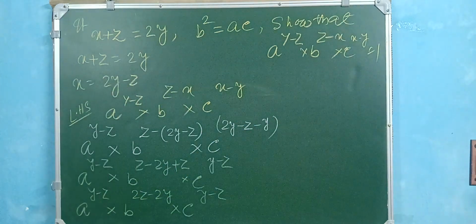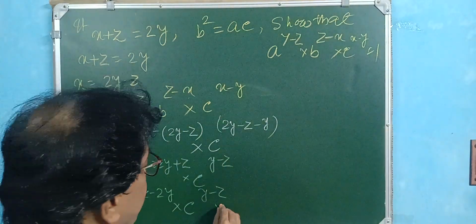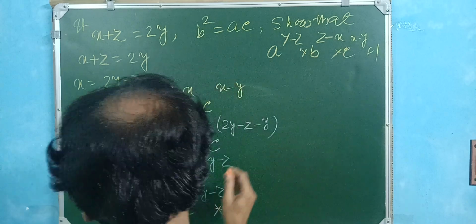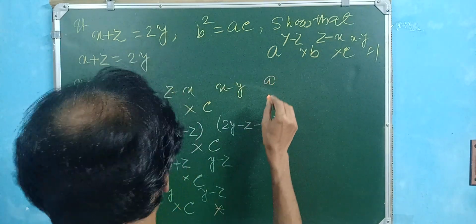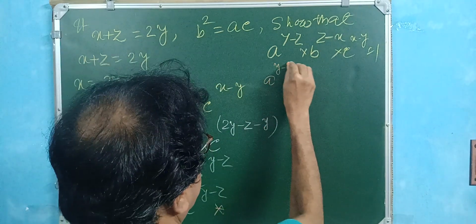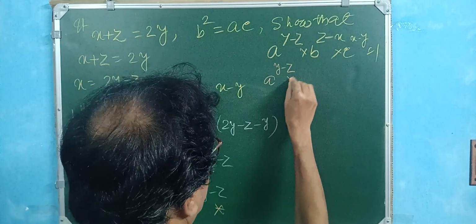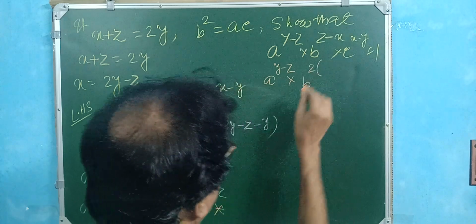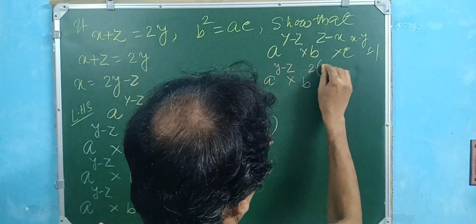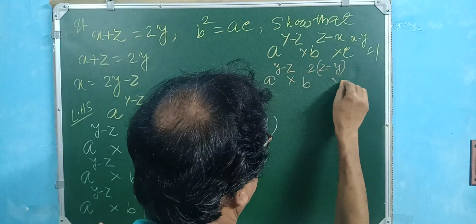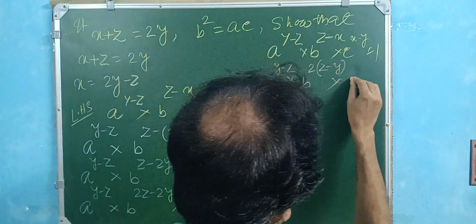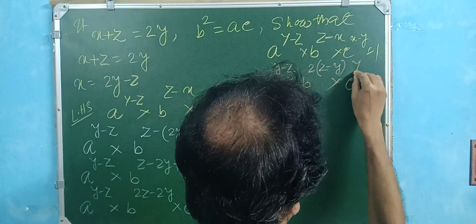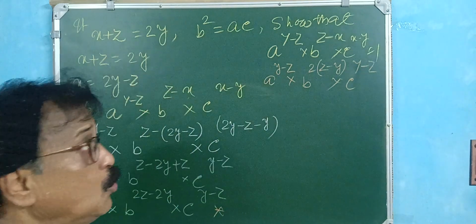Now the next line I just write here. From here I just copy a to the power y minus z into b to the power, this 2 is common, and common bracket, this is z minus y, and this is c to the power y minus z. Don't panic.